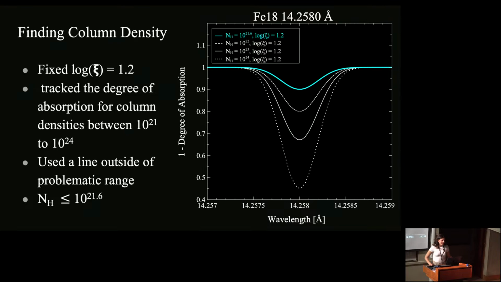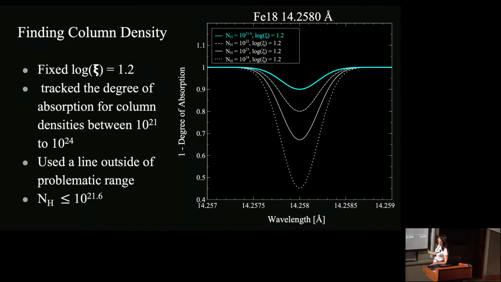And then we used a line outside of that problematic range that I talked about earlier, anything between 16 angstroms to 50 angstroms that I circled in those spectrum fitting models. So we ended up using iron 18 because it lied outside of that range, and we got a value of approximately 10 to the 21.6 for our column density.